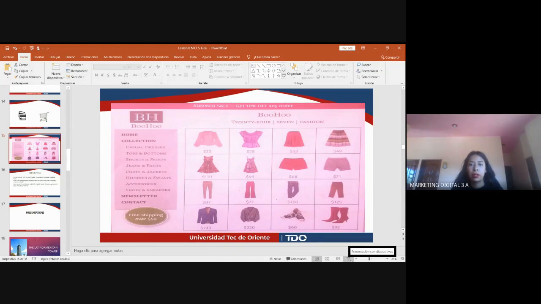So you have different kinds of clothes like blouse, dress, pants, jeans, tennis shoes, and you have the different prices. So I want you to make comparisons between these. You can talk about the size, about the price, about the color. So what can you tell me about this? ¿Qué pueden decir de este folleto?